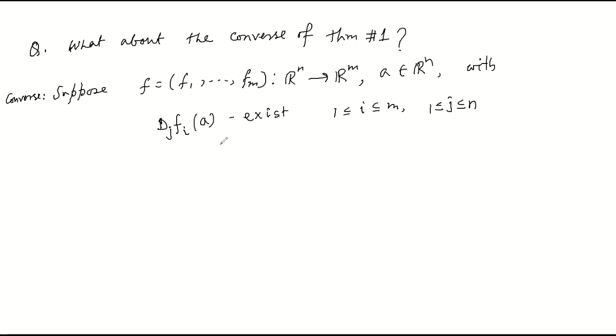Okay, so the converse is the following. Suppose f is a function from Rn to Rm and a belongs to Rn, with all the partial derivatives of the component functions existing. Does it imply that f is differentiable at a?